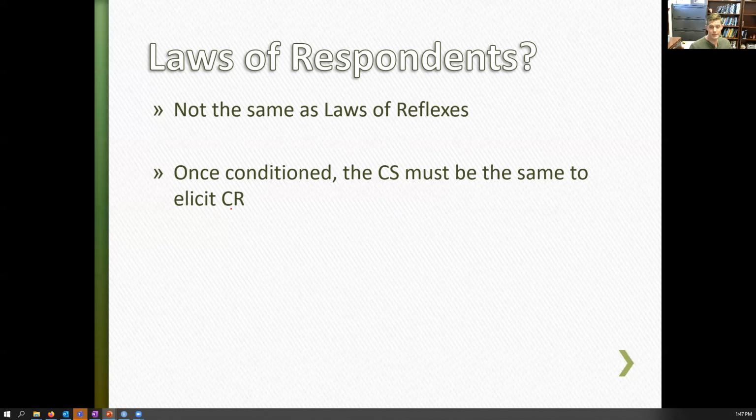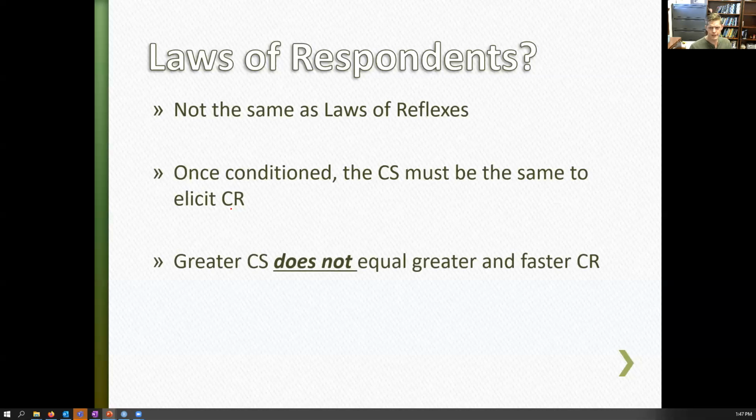So the conditioned stimulus needs to be the exact same conditioned stimulus that you trained, and any variations of it, whether higher or lower, are going to produce a generalization decrement, or decreases in responding, due to that change in the stimulus, following the generalization gradient that we talked about in part 3, I think.